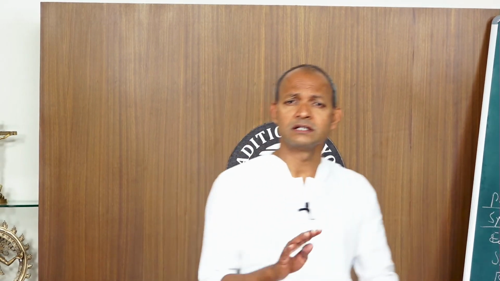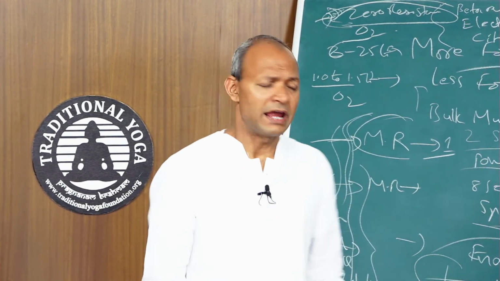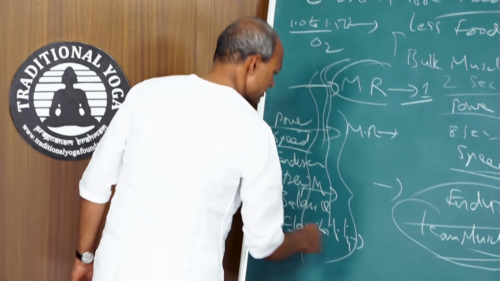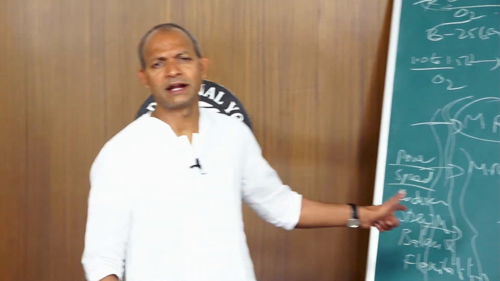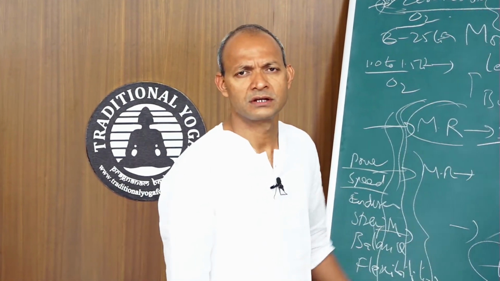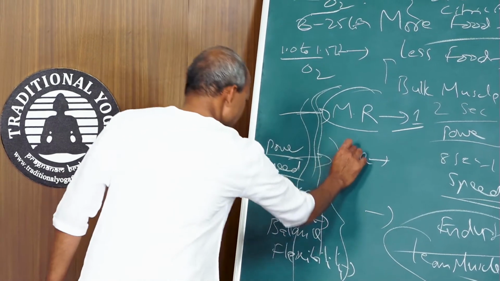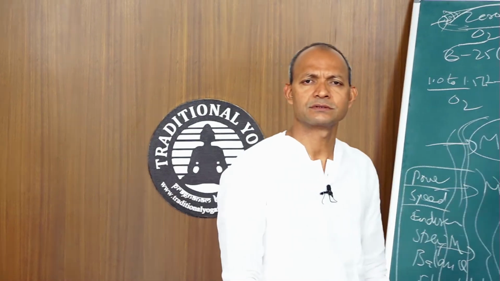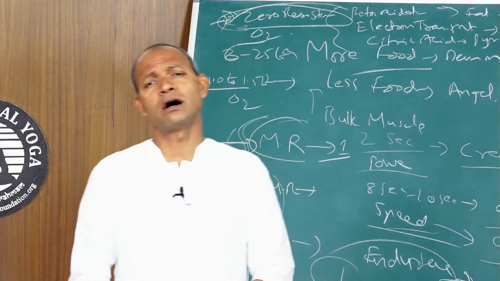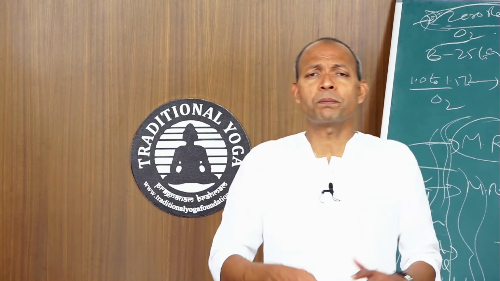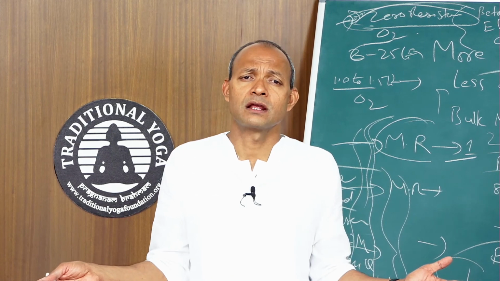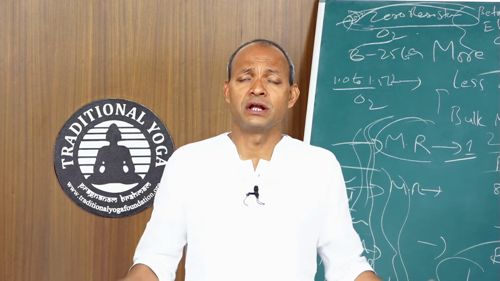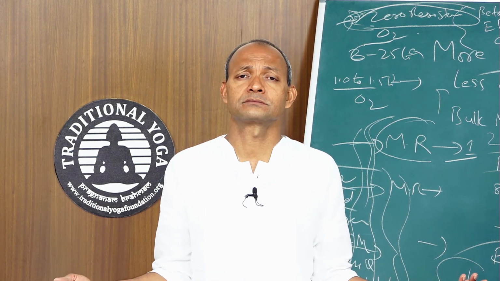Balanced form is called fitness. If any one thing exceeds, then it is not yoga at all. It is not called fitness. Balance of all these things is called fitness, a fine balance. That's how yoga is a super refined science, a super science of total fitness.